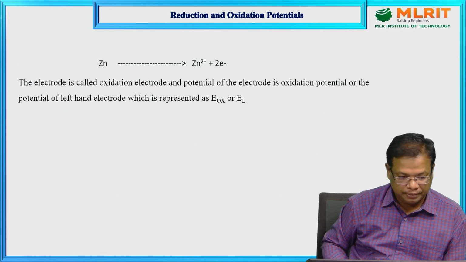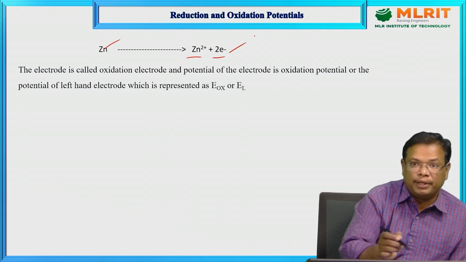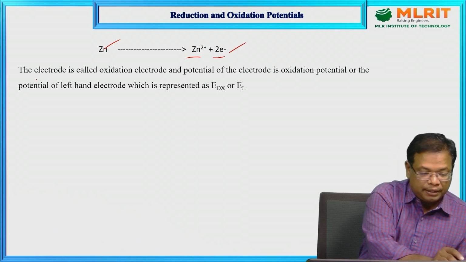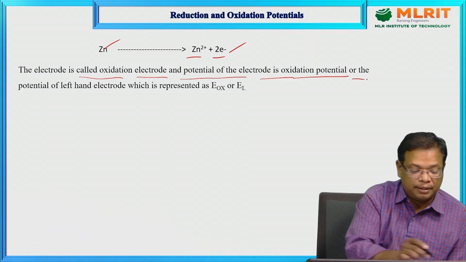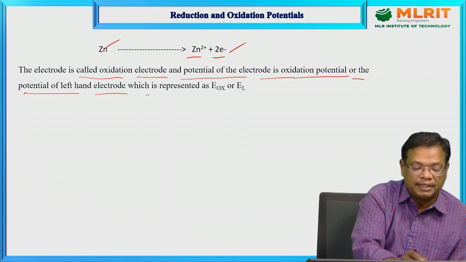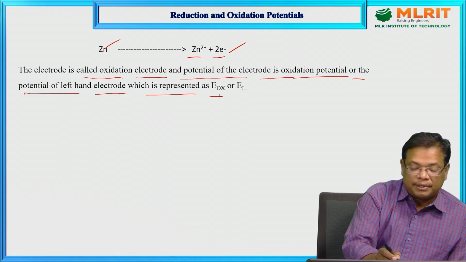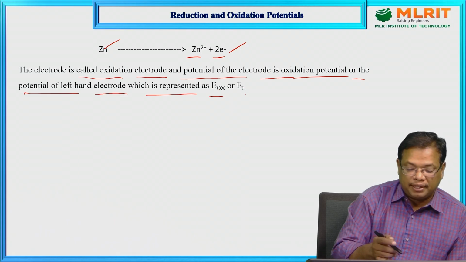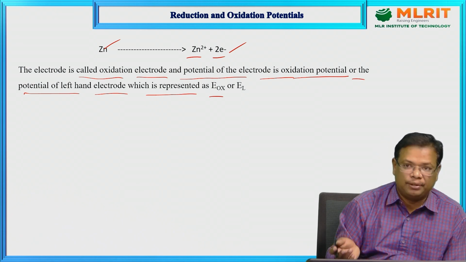For example, zinc metal will lose its electrons: Zn goes to Zn2+ and 2 electrons. This electrode is called the oxidation electrode, and its potential is the oxidation potential, or the potential of the left hand electrode, represented as E oxidation, or E left.